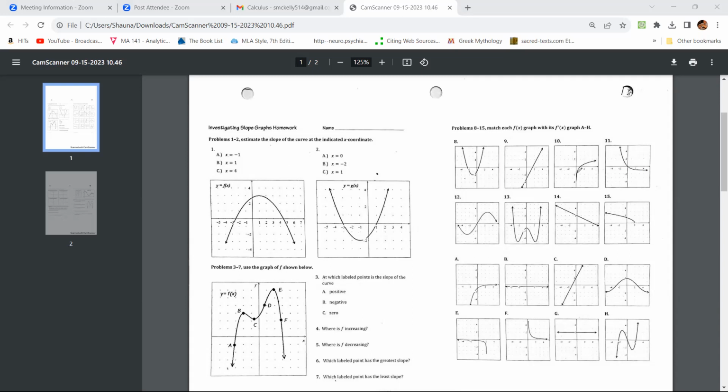It's getting greater. This is an infinite slope. Remember, it's almost like an undefined slope, right? And then it's starting to get less and less positive.